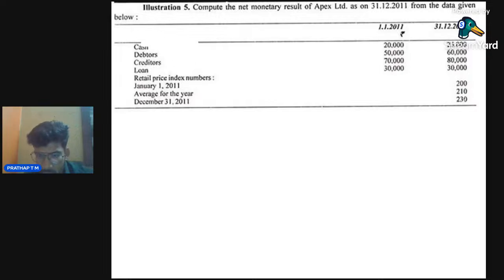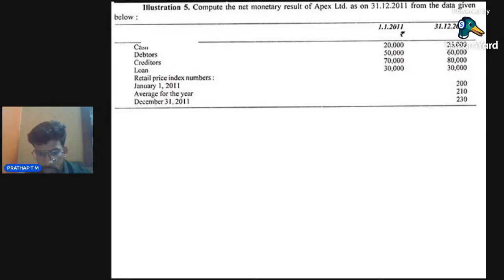Don't get confused here; if you multiply with the same thing, you get the same value. There's no difference. So the total monetary value becomes 15,952.